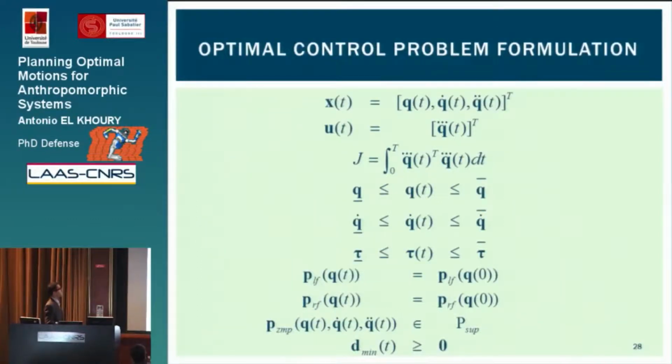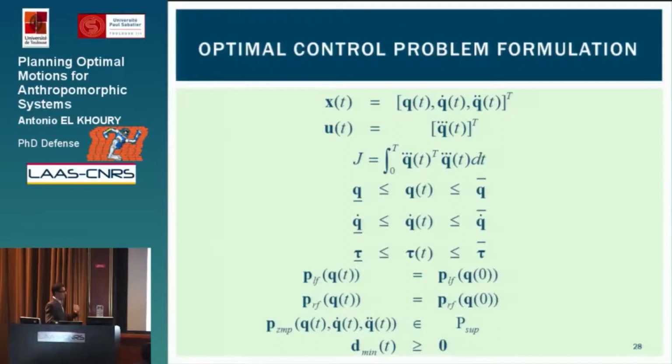Once we have that, we can define the full optimal control problem, where we decided to minimize the integral of the squared jerks in order to obtain trajectories that are smooth. We need to take into account the joint constraints, mainly the position limits, as well as the velocity limits and the joint torque limits.